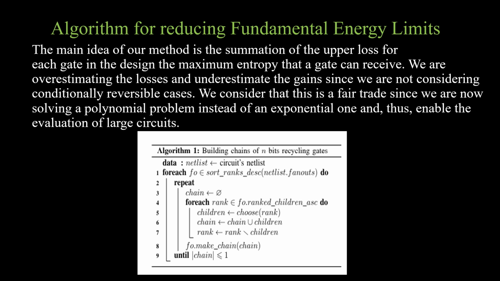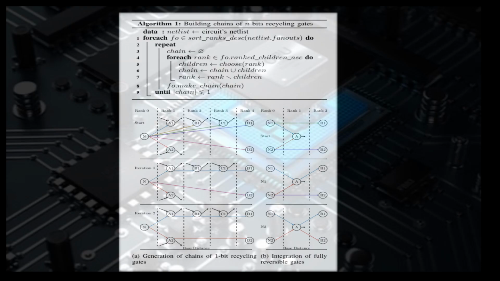Algorithm 1 is the building of chains of n-bit recycling gates, and this algorithm starts with a list of circuit nodes, that is the netlist, and processes them by their ranks, which likely represents some metric like energy efficiency or computational priority. It chooses children for each node, builds a chain of these nodes, and updates the chain until it meets certain criteria like a specified length or efficiency threshold.